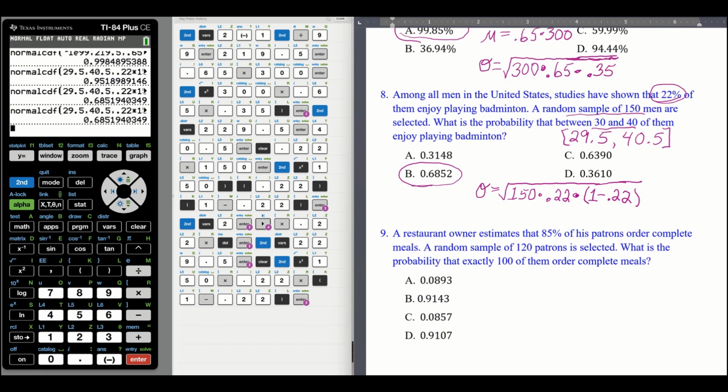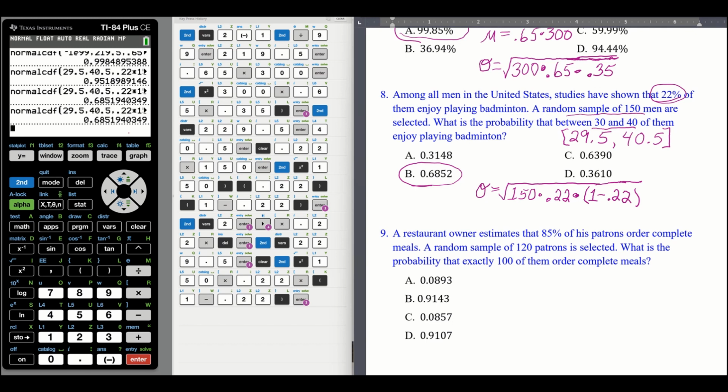Okay, number 9. A restaurant owner estimates that 85% of his patrons order complete meals. A random sample of 120 patrons is selected. What is the probability that exactly 100 of them order complete meals?